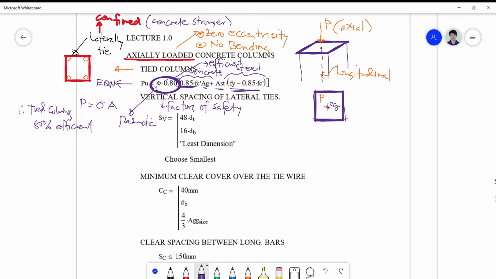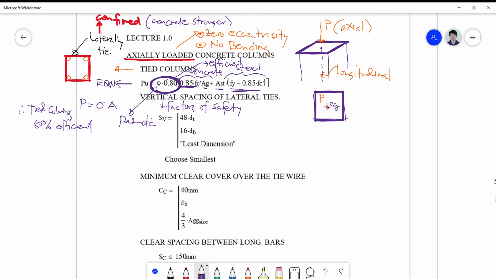It can also be attributed to errors on calculations, etc. So the reduction factor is a combination of a lot of errors brought about by the design and the construction of your column.